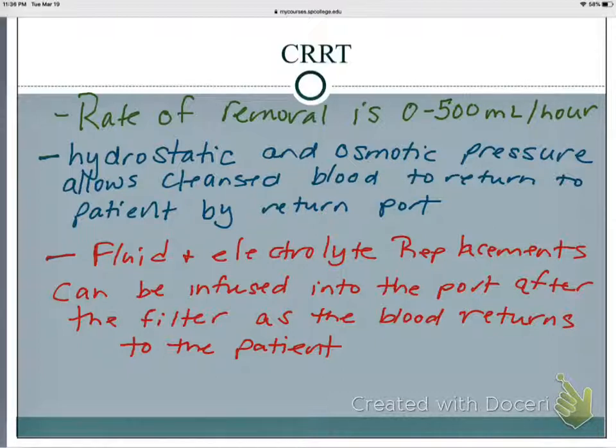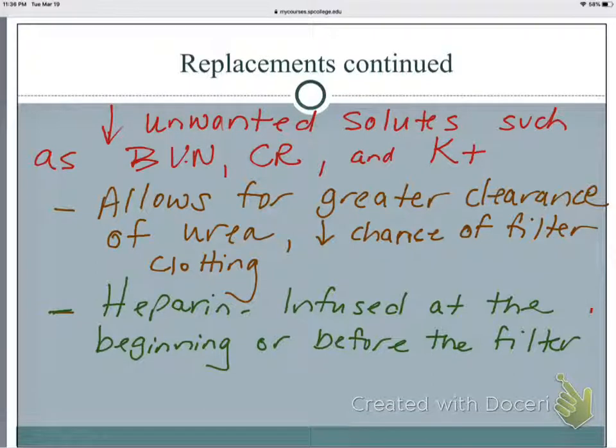So they're monitored really closely. It decreases the unwanted solutes, such as BUN, creatinine, and potassium, and allows for greater clearance of urea, with less chance of filters clotting, and they use heparin before the filter. Makes sense, right? Usually if something clogs, it's a filter.